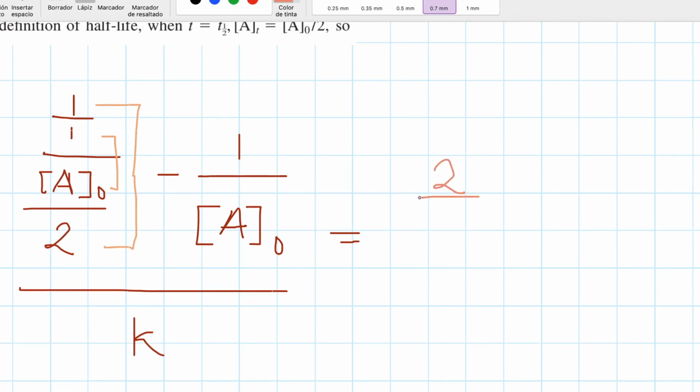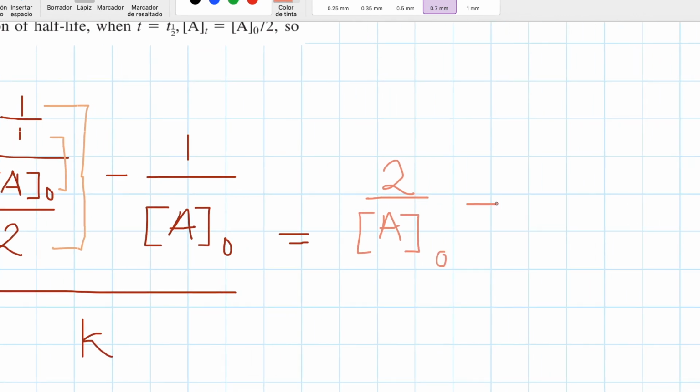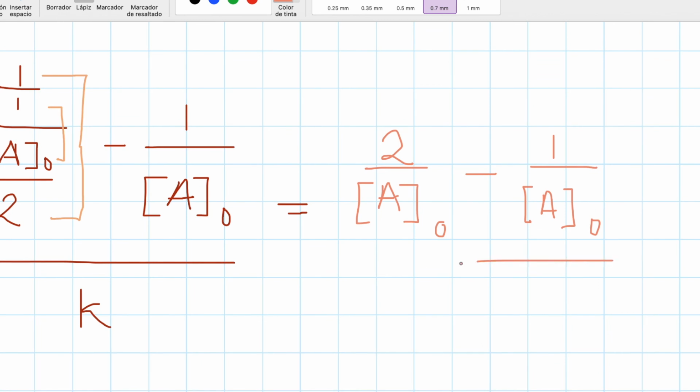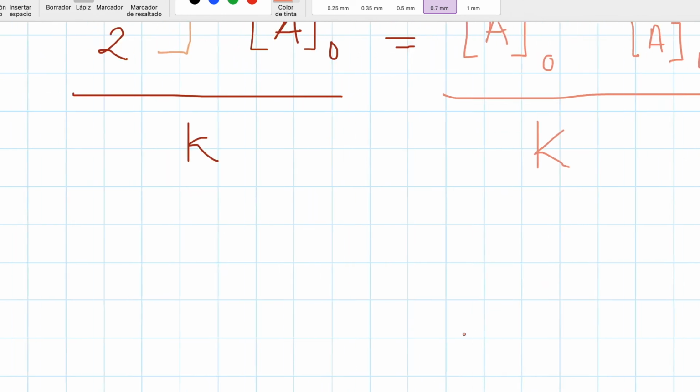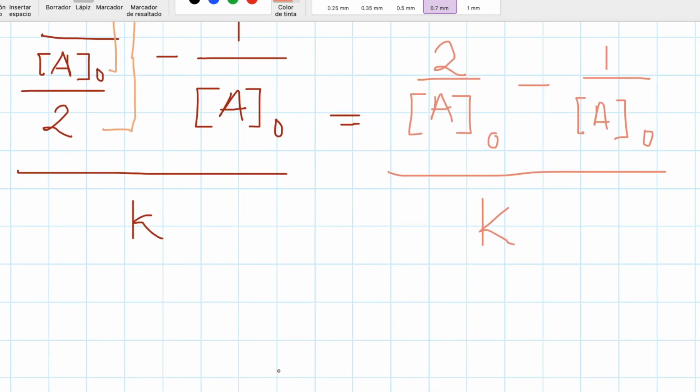Okay, so let's rewrite our formula. We would have 1 times 2, 2 over initial concentration, minus 1 over initial concentration, over K.